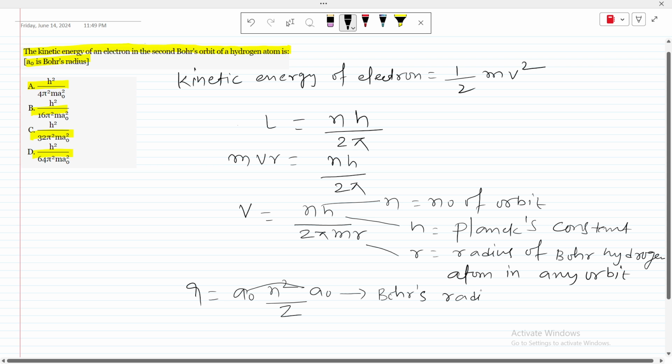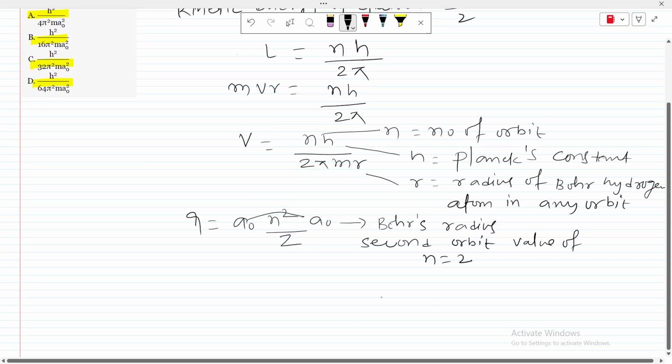So for the second orbit, the value of n equals 2, and for hydrogen atom, atomic number is z equal to 1. So r equals a naught into 2 square upon z.